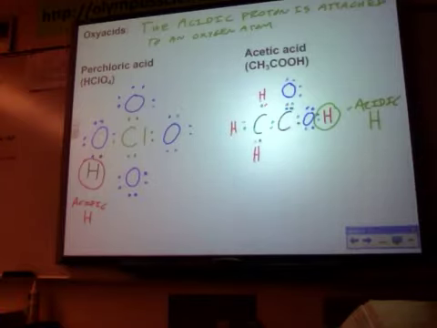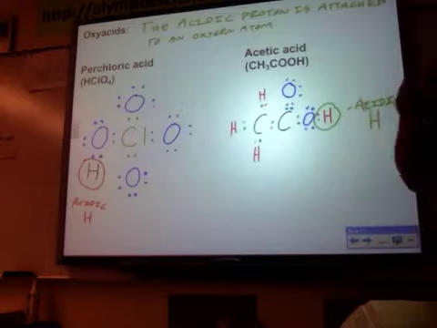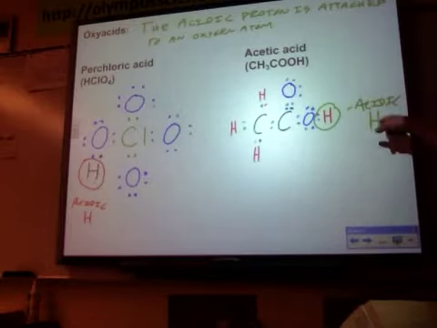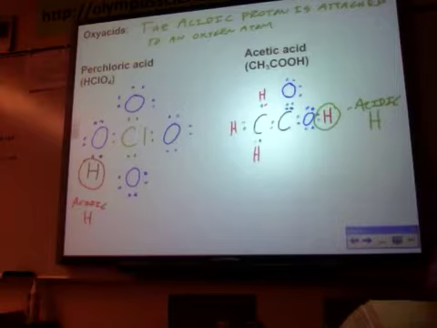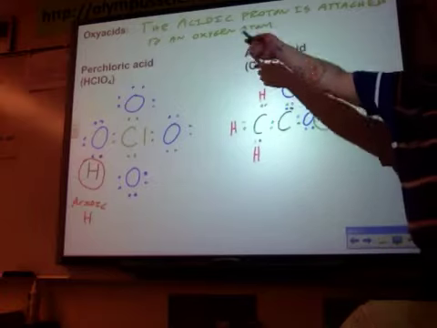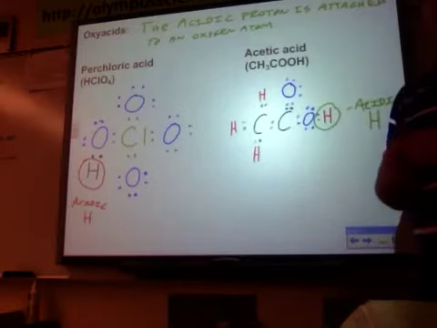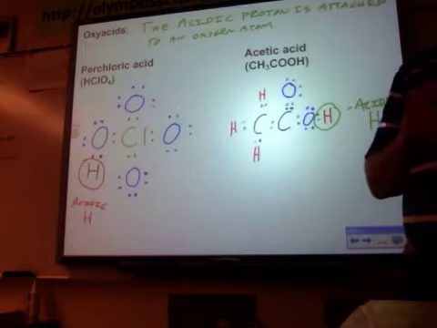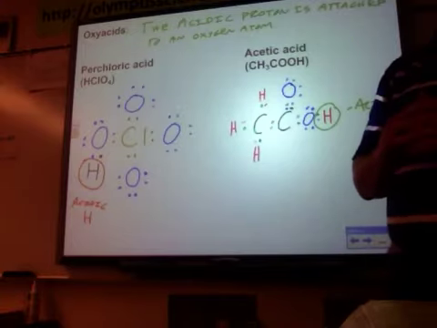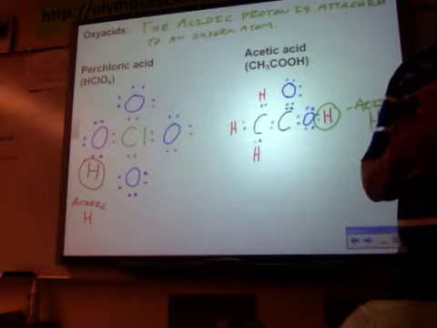But it has to do with electrons and how they're pulled between the 2 atoms and things like that. But in the case of acetic acid, this is the acidic hydrogen. Most acids, especially if you see a formula for an acid that has oxygen in it, you may be almost certain that the hydrogen that comes off is attached to one of those oxygen atoms. Okay?